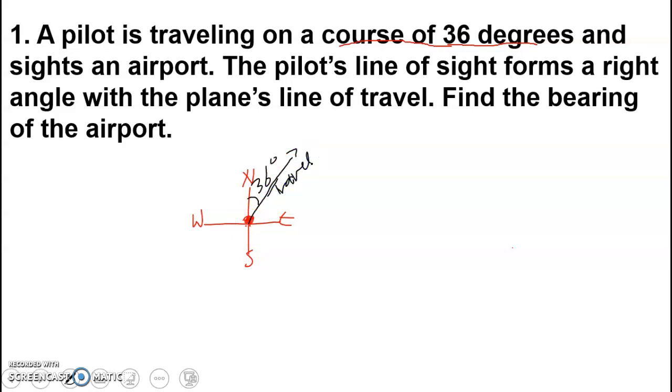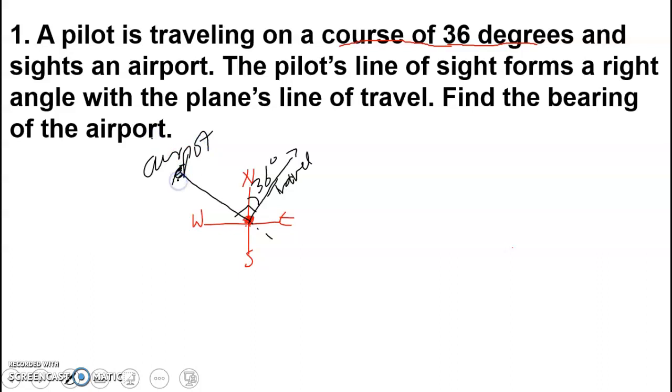So perpendicular. Anything perpendicular is going to be 90 degrees. Of course we can assume it's going to be on this side because the other side will be behind, kind of looking backward. That would be hard. So it looks like a right angle here. Perpendicular. So the airport is here.